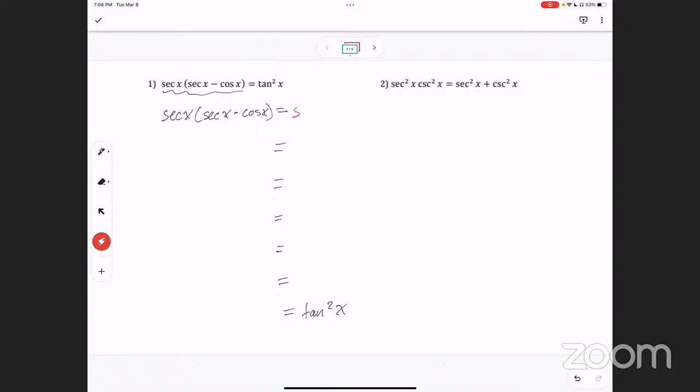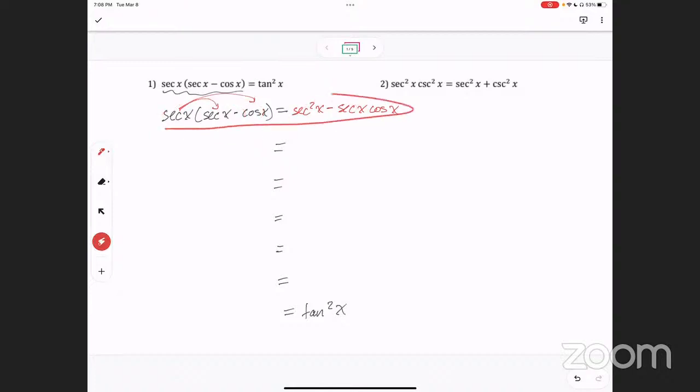So I'm going to go ahead and distribute this in first, right? I'm going to distribute that in. So I've got secant squared x minus secant x cosine x. You see that this equals this because all I did is distribute it.